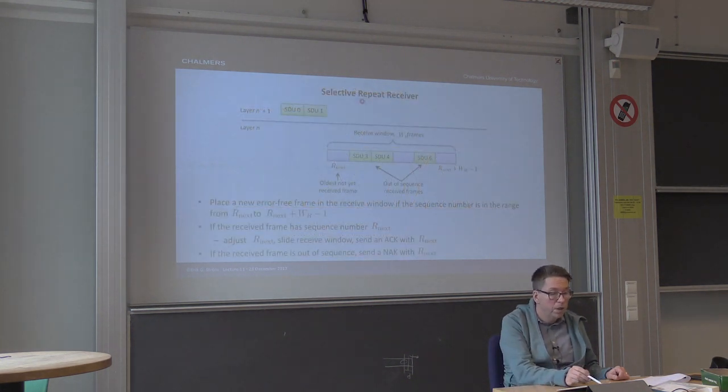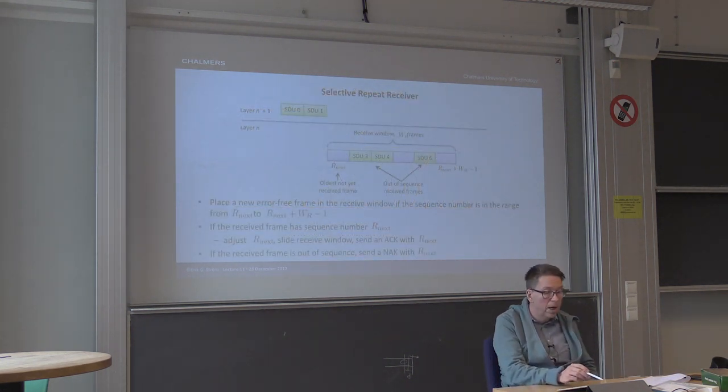So a selective repeat receiver has a receive window in which it stores previously received service data units which are error-free, but not necessarily in order. So there might be an out of order reception here. So we have received 0 and 1. 0 and 1 have been delivered, but we're still lacking 2 here.